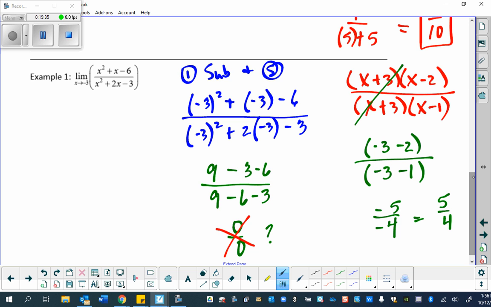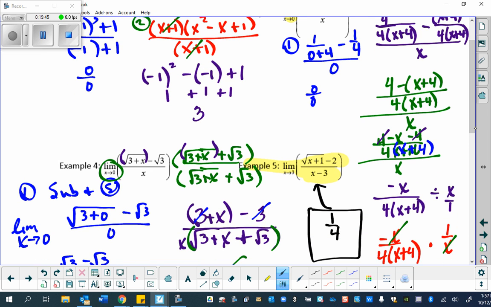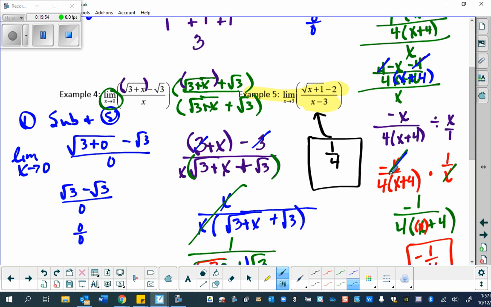By factoring, I'm going to eliminate my problem. By finding my common denominator, what always ends up happening is I wind up having a plus or a minus, and then an x that cancels out. And that's what makes the substituting work out now.